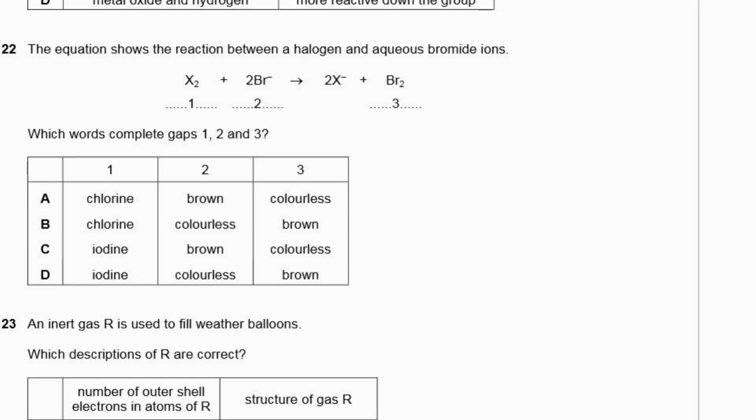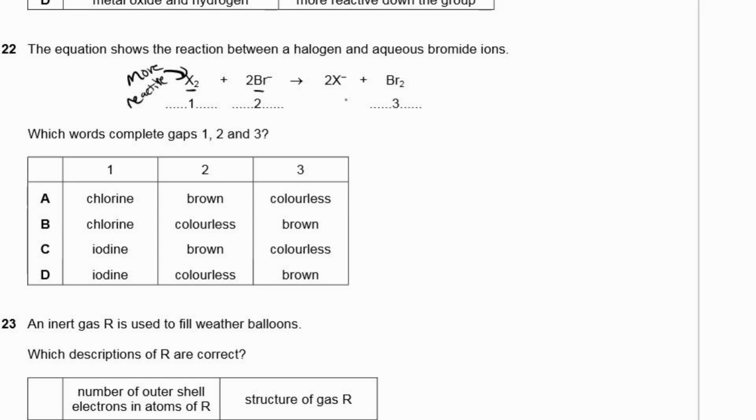Question 22. The equation shows the reaction between a halogen and aqueous bromide ions. Which words complete the gaps 1, 2, and 3? So X is a halogen, and we have the bromide ion. If this is going to be a reaction, X has to be more reactive than bromine.